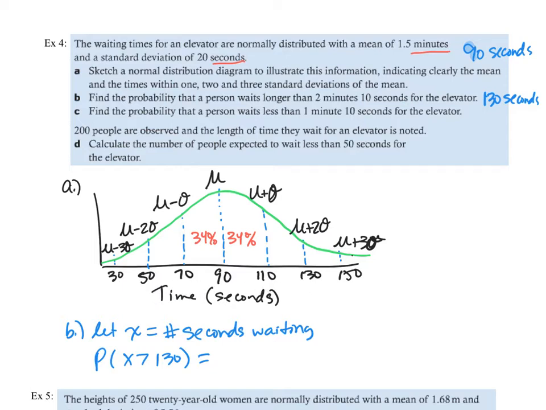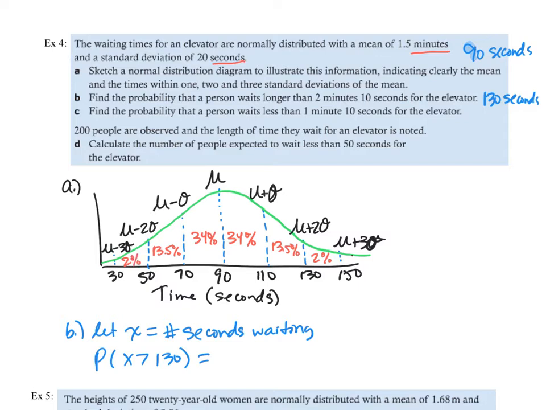So if we subtract 68% and then divide that by 2, that means that this is 13.5% of the area and 13.5% of the area over here. And then lastly, remember, from 3 standard deviations below the mean to 3 standard deviations above the mean, that's 99%. So if we take 99% and subtract all of this, that would leave us with 4%. So if we split that on either end, then we've got 2% here and 2% here.